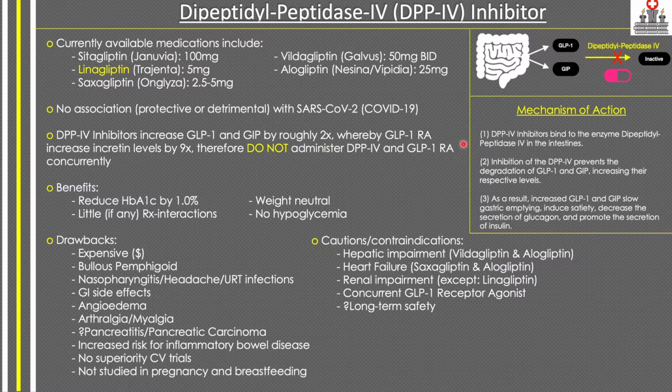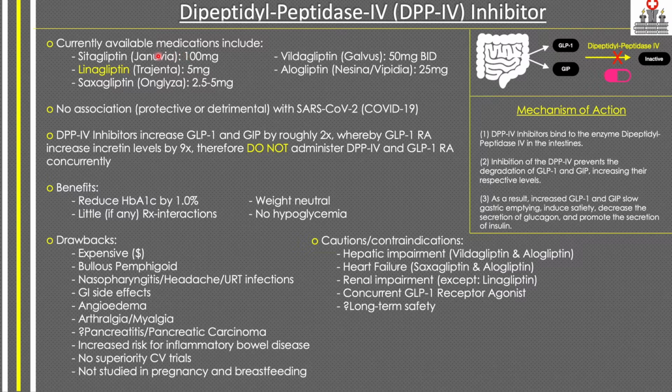Now, as we've already discussed, what GLP-1 and GIP do is slow gastric emptying, induce satiety, the feeling of fullness, decrease the secretion of glucagon, and promote the release of insulin. The currently available DPP-4 inhibitors are sitagliptin, linagliptin, saxagliptin, vildagliptin, and alogliptin.